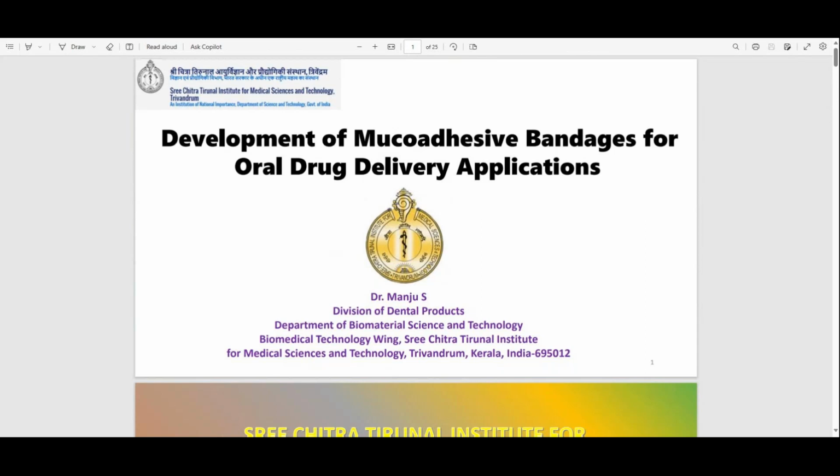We have three wings: medical hospitals, a tertiary referral center for cardiovascular and neurological diseases; Achutha Menon Center for Public Health, concentrating on training and research in public health; and the Biomedical Technology wing, focused on medical device development and biomedical technology translation.